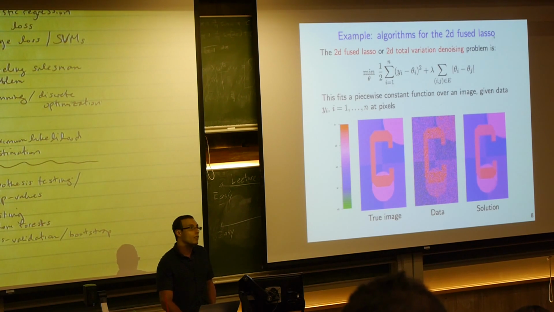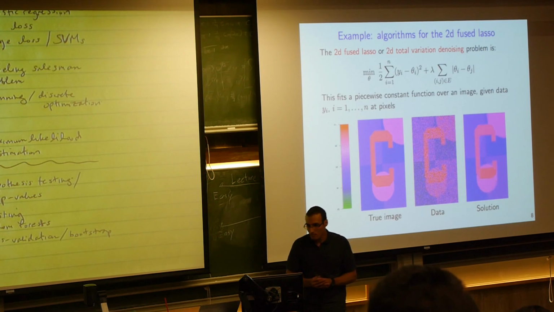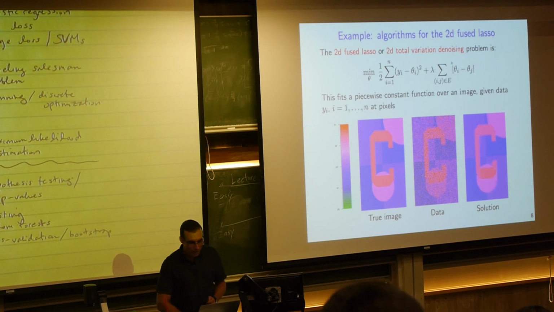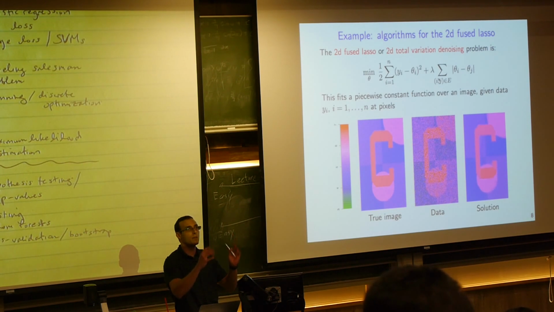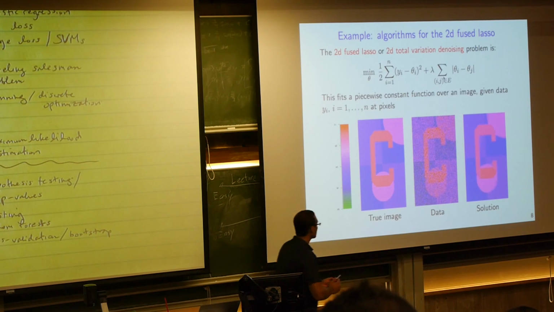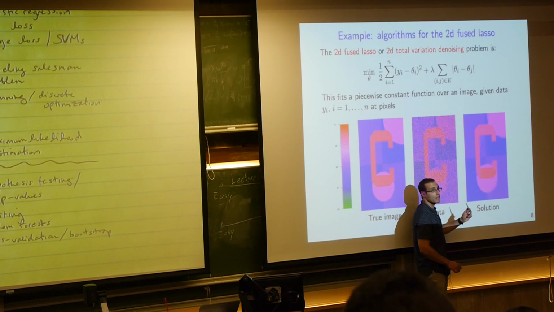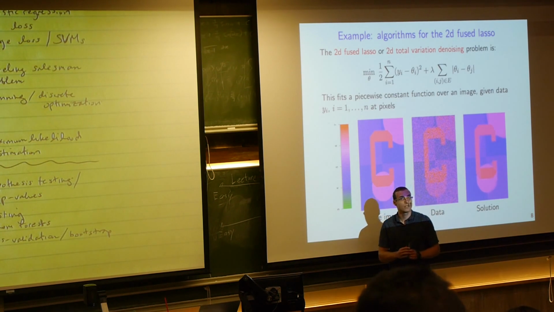What is the penalty itself? The penalty goes through all the entries theta i and theta j that are adjacent. In other words, I've written down here that the pair ij belongs to some set E, a set of edges. Imagine that I took every pair of pixels in this grid and joined them by an edge if they were horizontally or vertically adjacent.